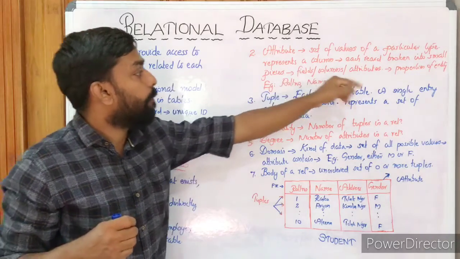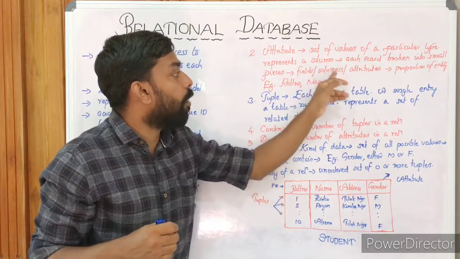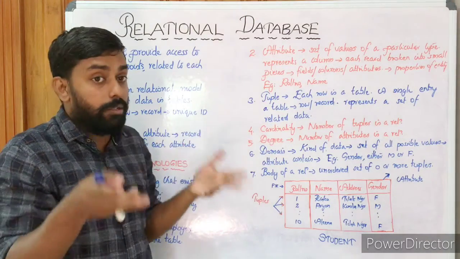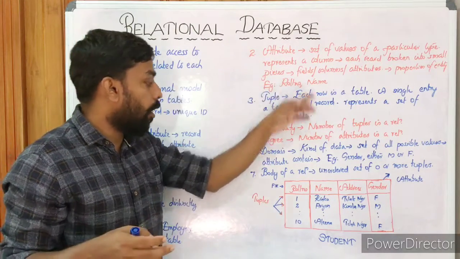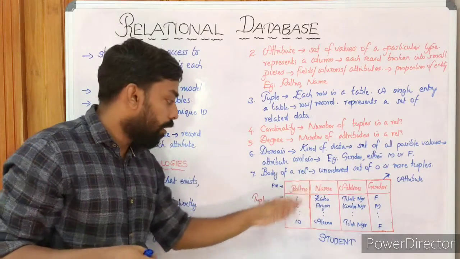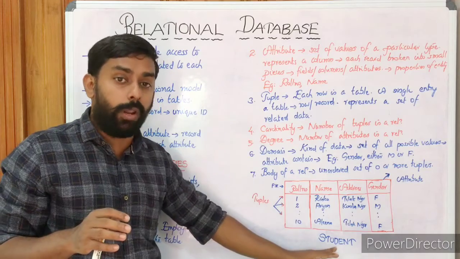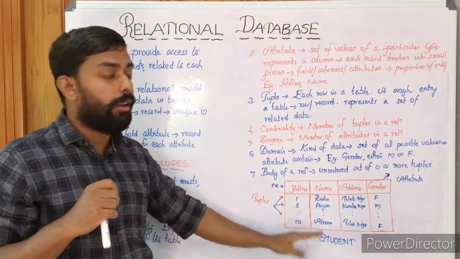They are the properties of the entity. For example, roll number, name, address, gender. These are the attributes or columns or fields of the entity student, or student entity.